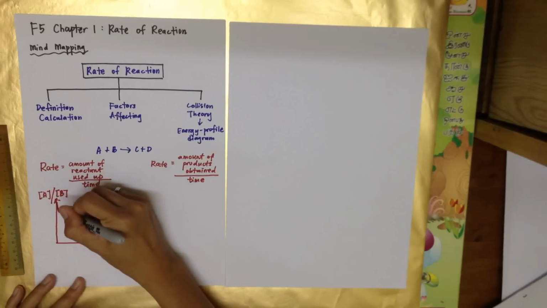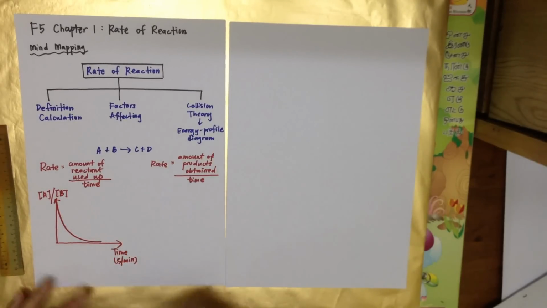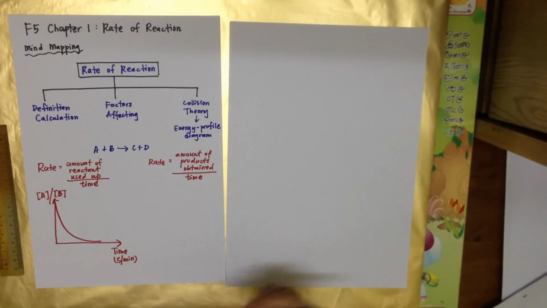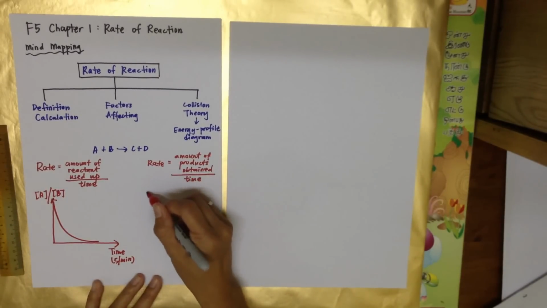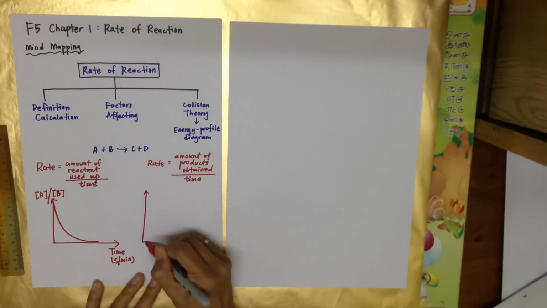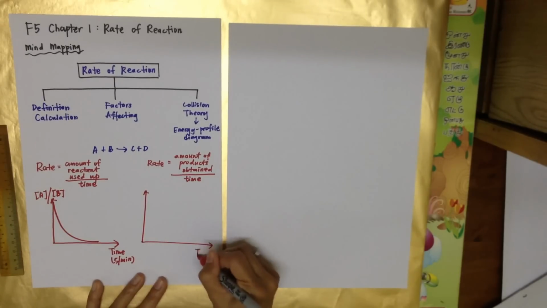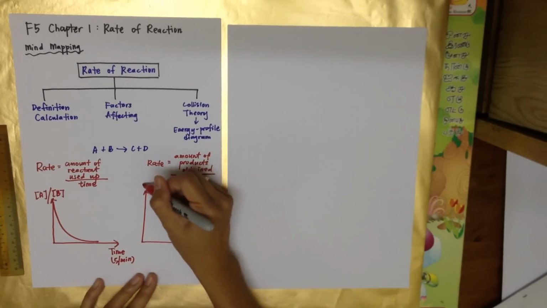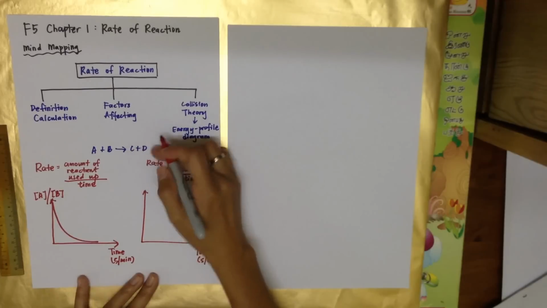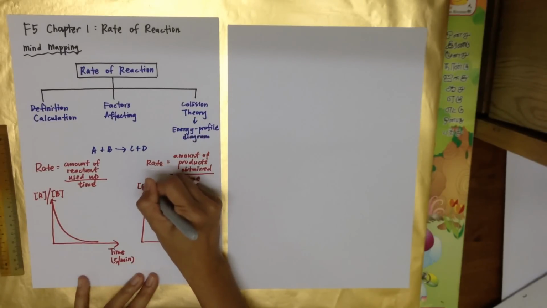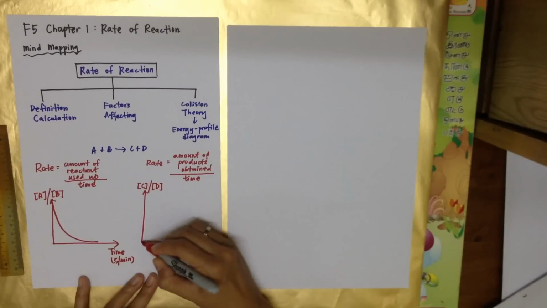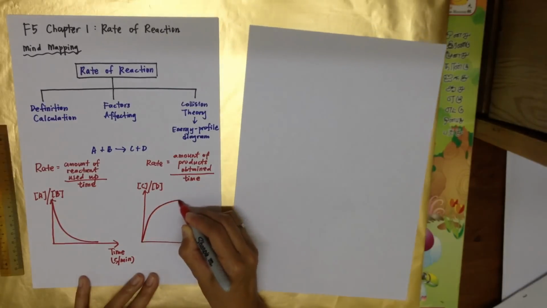Since the reactants are being used up, the concentration of reactant will be decreasing with time. The graph will be like this. The concentration of reactant is decreasing with time. And for the product, if we would like to represent it by a graph, the same goes for the x-axis, which is time. It can be either in seconds or in minutes, and the products obtained will be C and D. We can either study the concentration of C or the concentration of D, and this will be the graph.